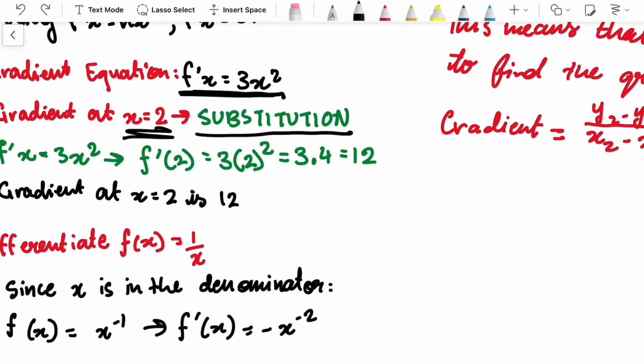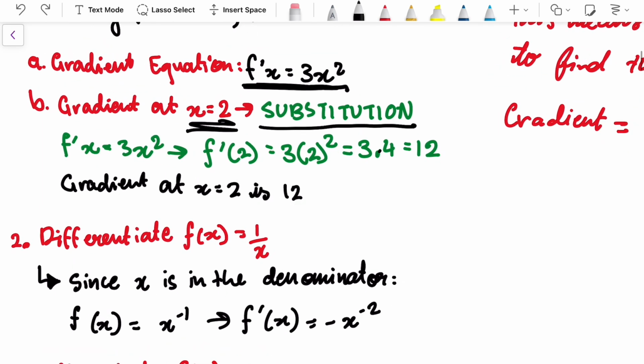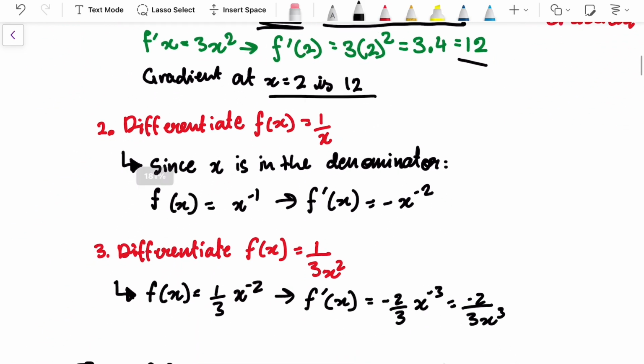So we've got f dash 2, and we're going to replace x by 2 since we're substituting. And we get 3 times 2 squared, which is 3 times 4. This is a multiplication, by the way, that dot. All right, and that is equal to 12. So the gradient at x is equal to 2 is 12. Pretty self-explanatory, pretty simple for now.